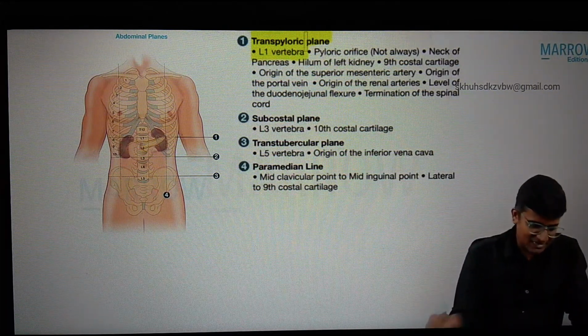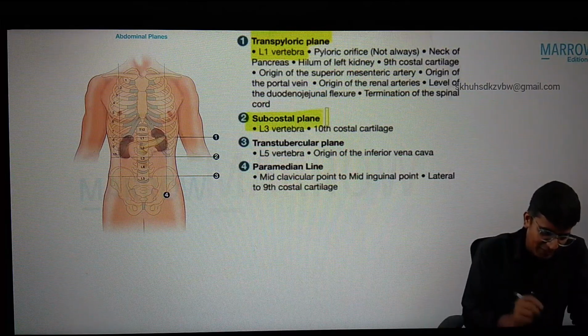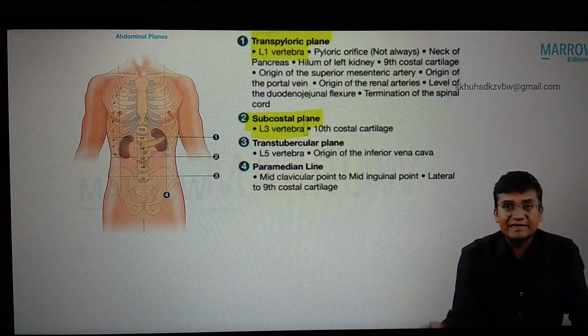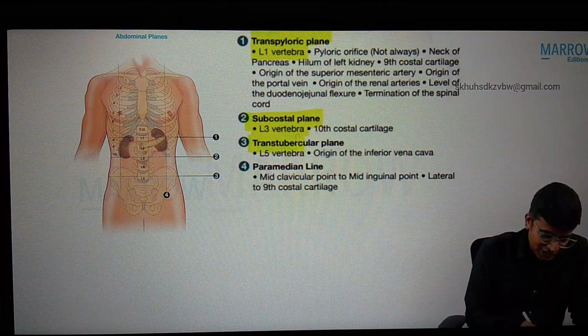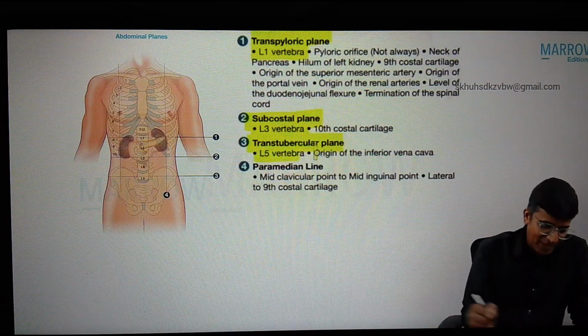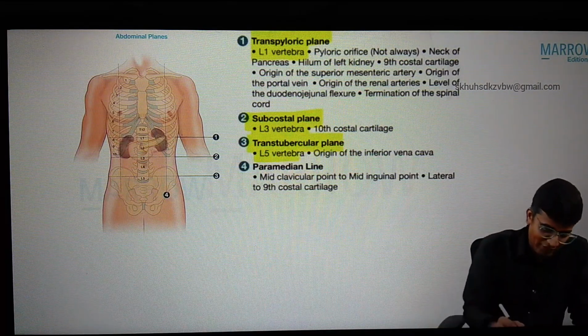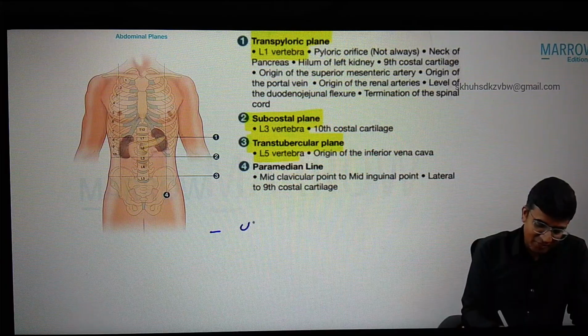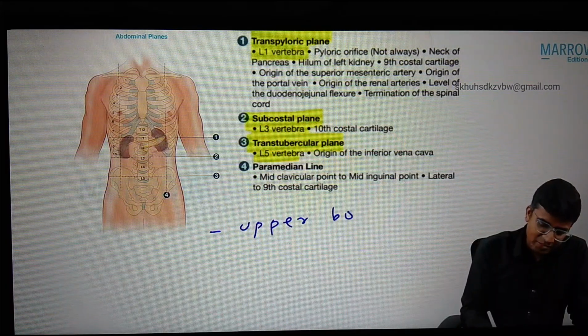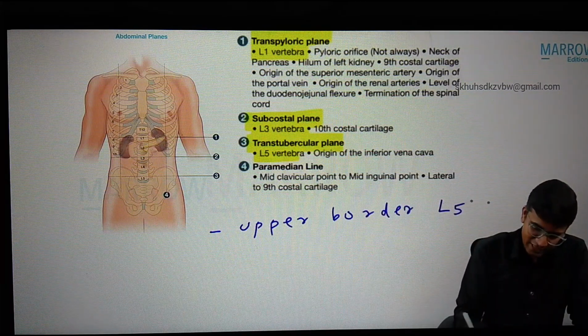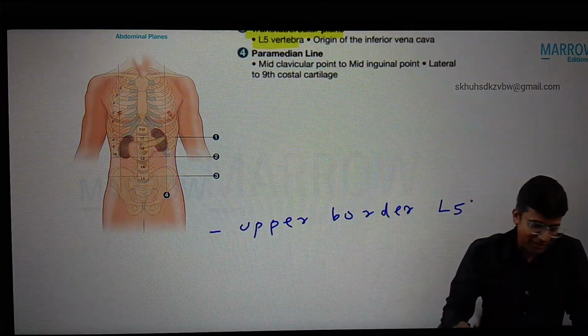Next, subcostal plane. It is a horizontal plane at the lower border of L3. And transtubercular plane is a horizontal plane at the upper border of L5. That is the transtubercular plane.